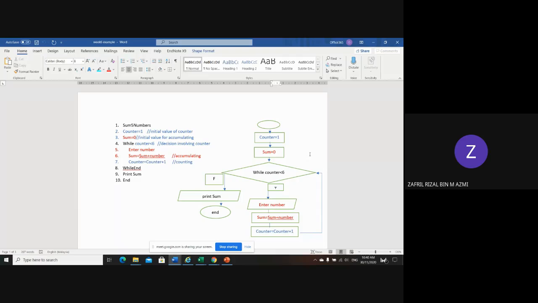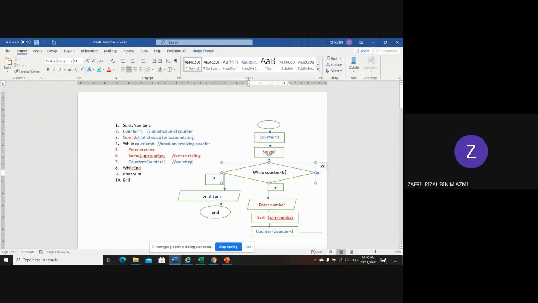So logically, what should be the value for the counter to make the system repeat if the user enters yes? If the user enters yes, then we repeat again. So what should be the decision?